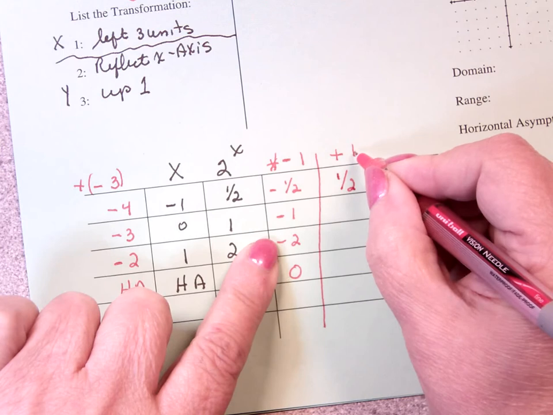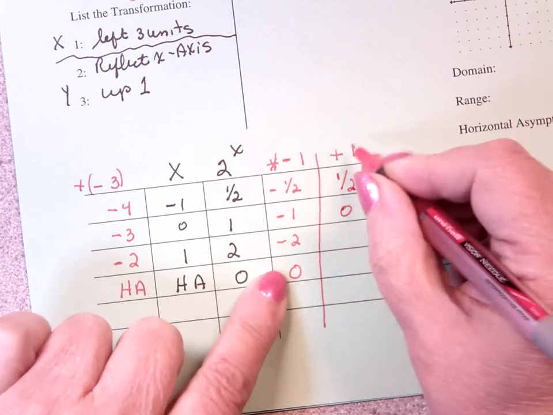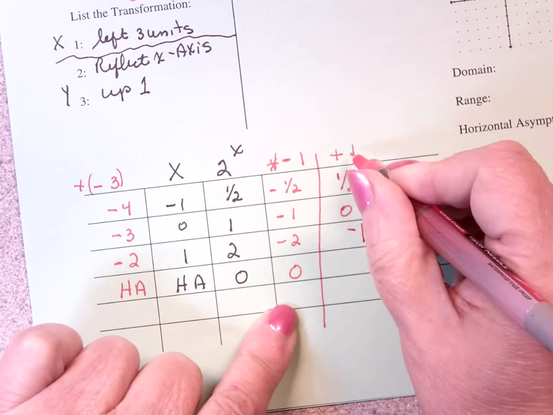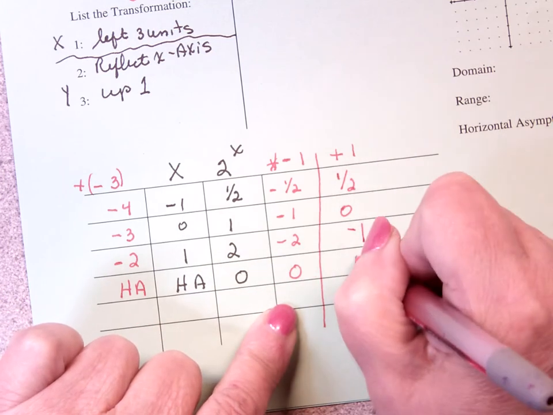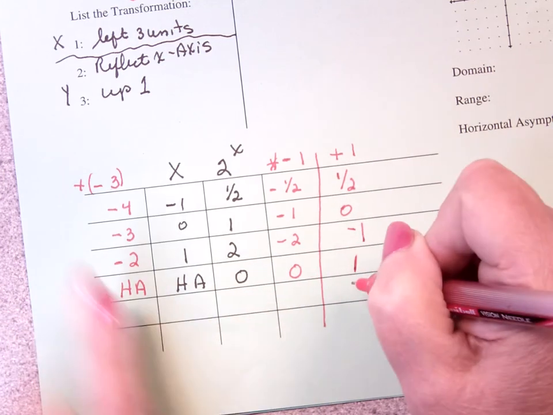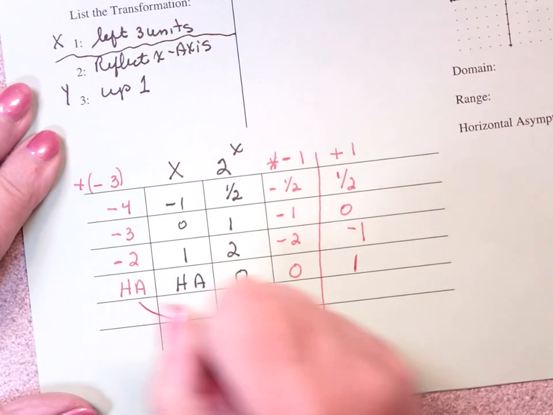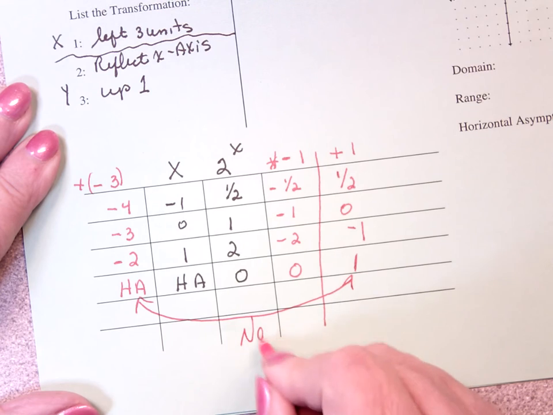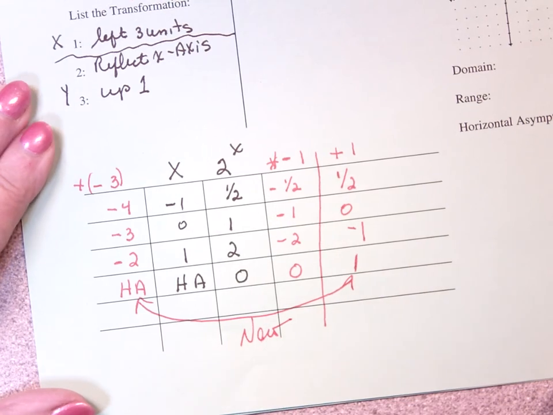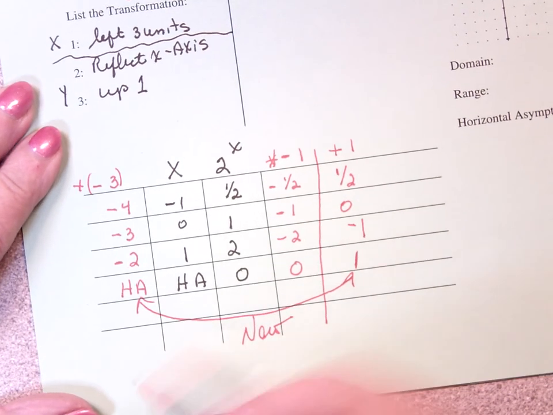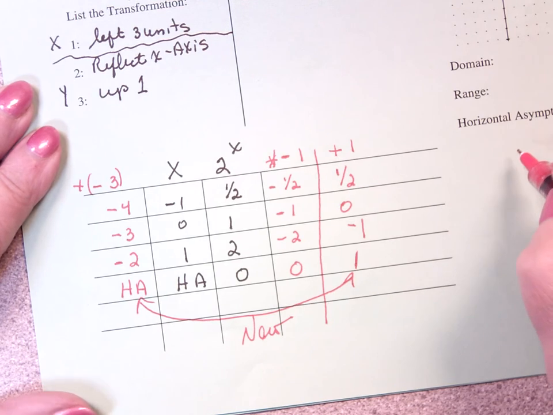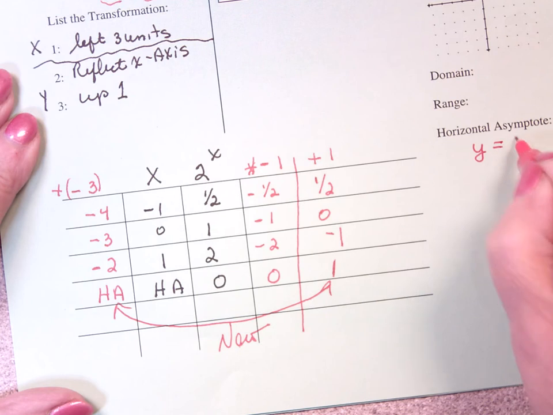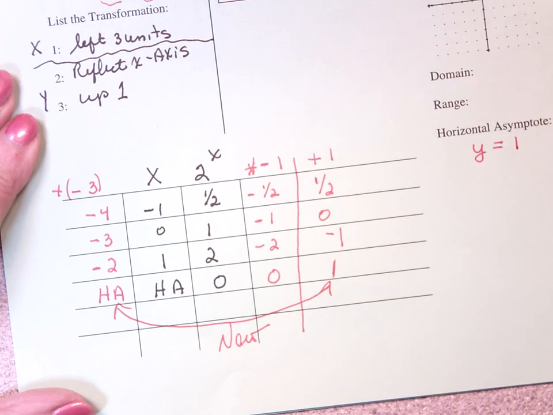Negative 1 plus 1 is 0. Negative 2 plus 1 is negative 1. And 0 plus 1 is 1. My new HA is y equal 1. So on my graph, my new horizontal asymptote is going to be y equal 1, because the HA got shifted up 1 unit.